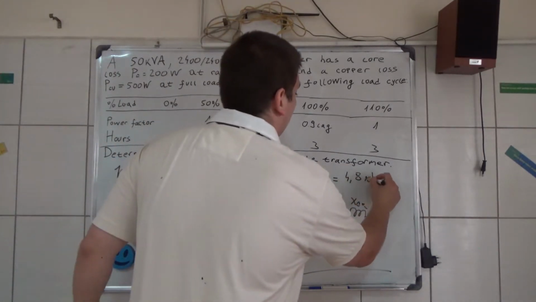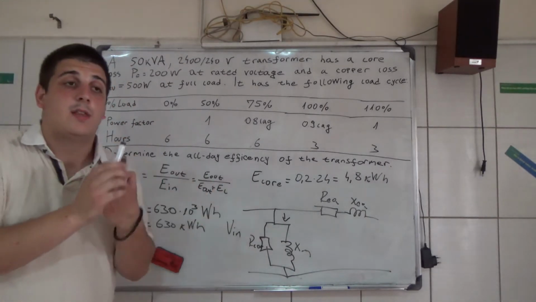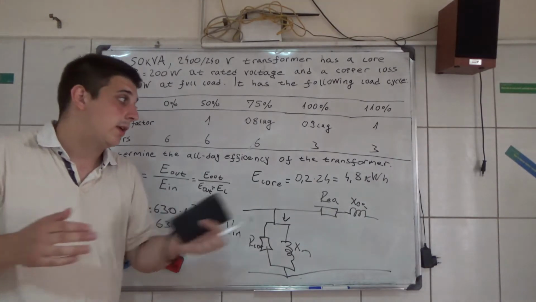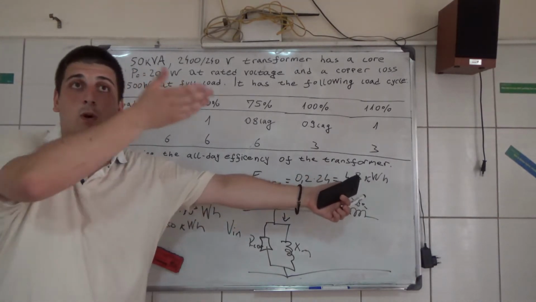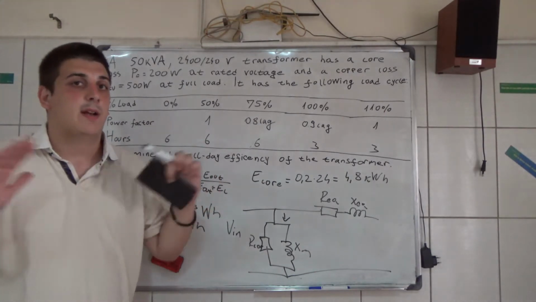4.8 kilowatt hours. Now, this is the energy we lost, the energy of the transformer in your neighborhood. 4.8 kilowatt hours is lost just in magnetizing the core.